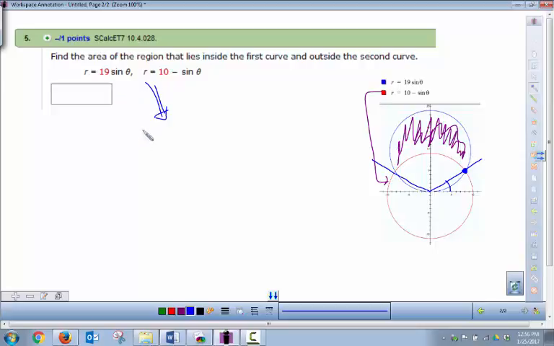Let's set them equal: 19 sine theta equals 10 minus sine theta. Let's add sine to both sides, and then let's divide. So we got something like pi over 3.